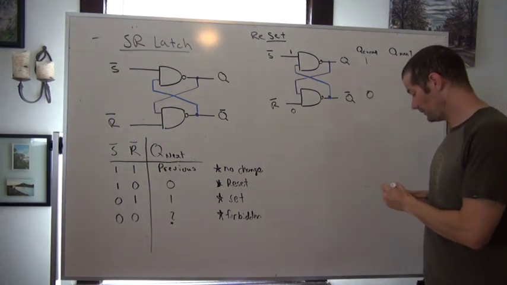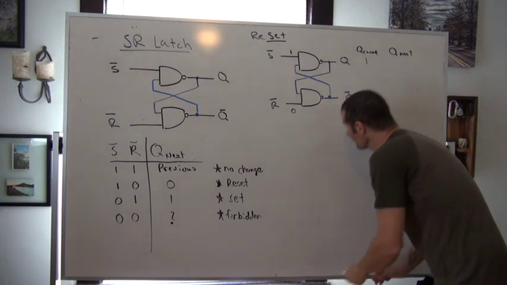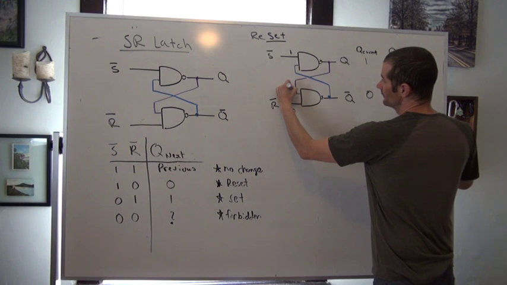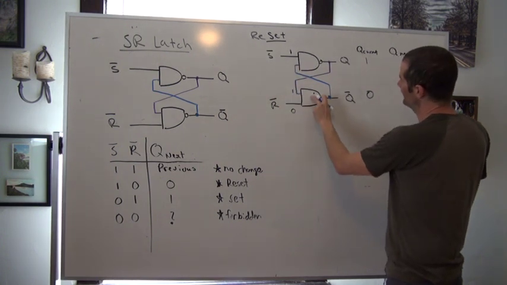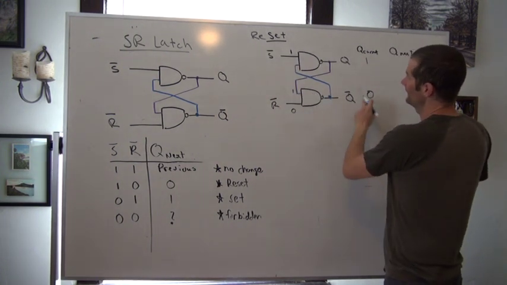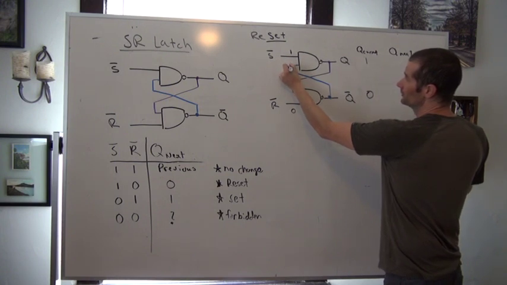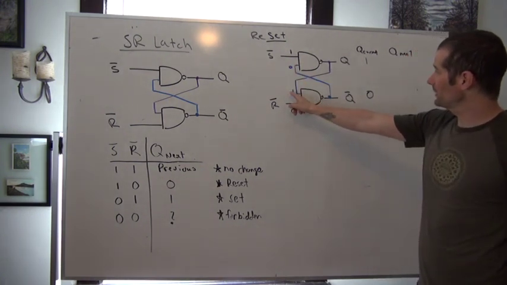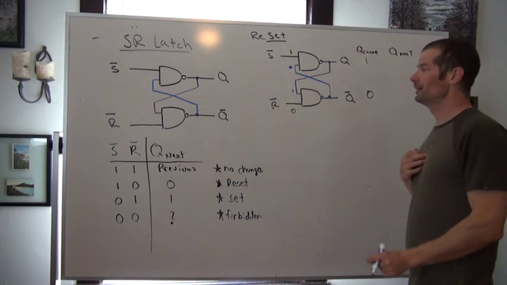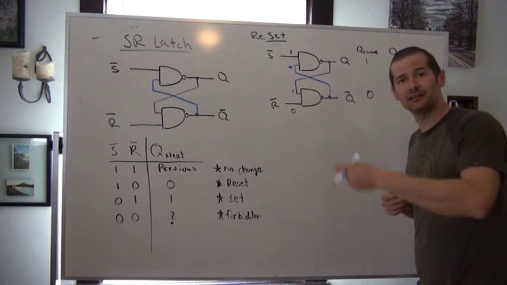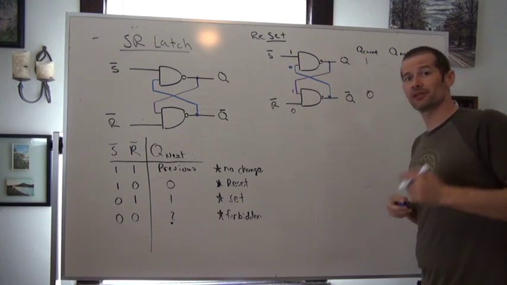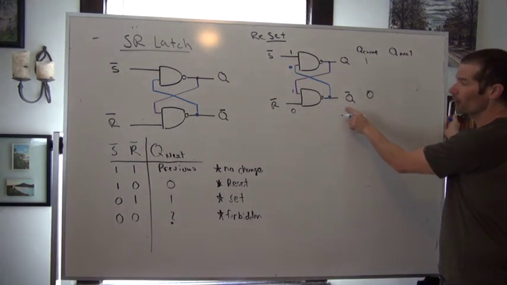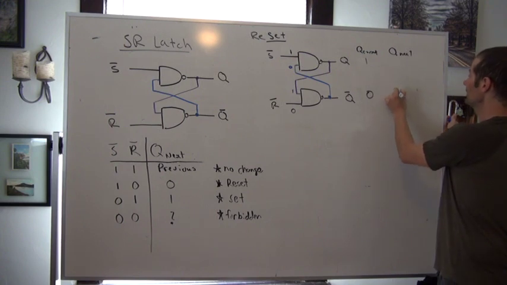Okay, so here we would have 1 fed back into the NAND gate down at the bottom, and then we would have 0 at the top. Well, what happens here is that we got 1 and 0, that becomes NANDed with each other.